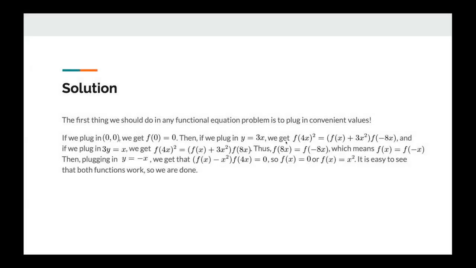And so when we plug this in, we get that f of x is either x squared or f of x equals 0. And when we plug both functions back in, we see that both of them work. And so we have the answer that it's either 0 or x squared.